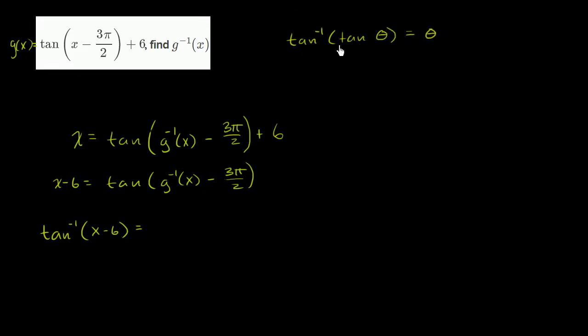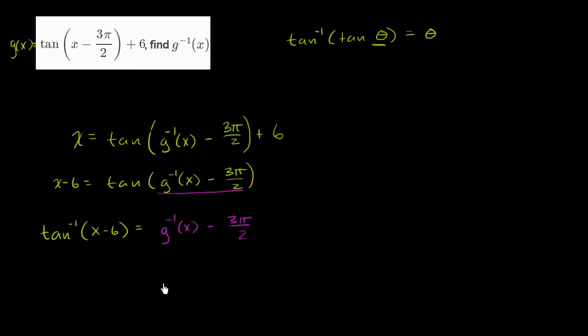Once again, if we restrict what the possible values of theta are in the right way. So let's just assume that we're doing that. And so the inverse tangent of the tangent of this is going to be just this stuff right over here. It's going to be g inverse of x minus 3 pi over 2.